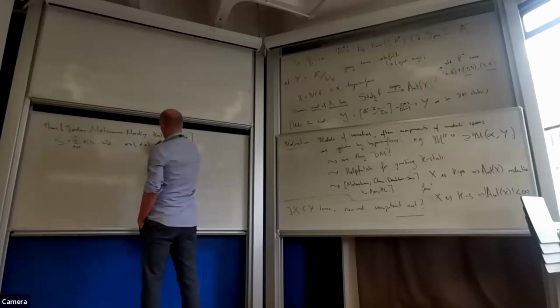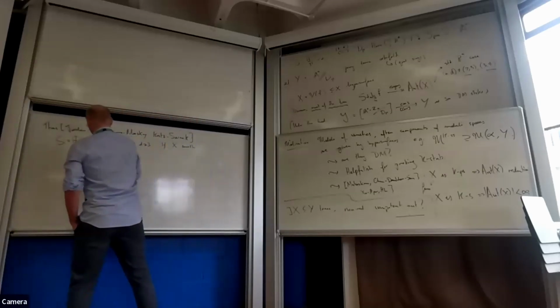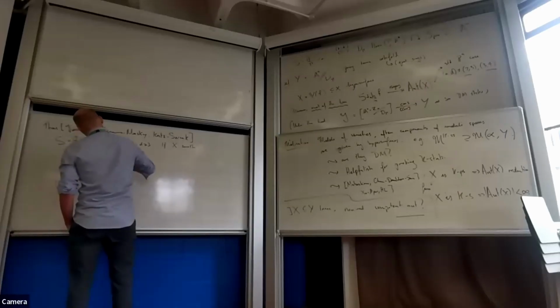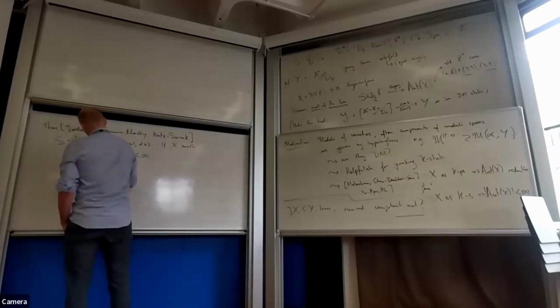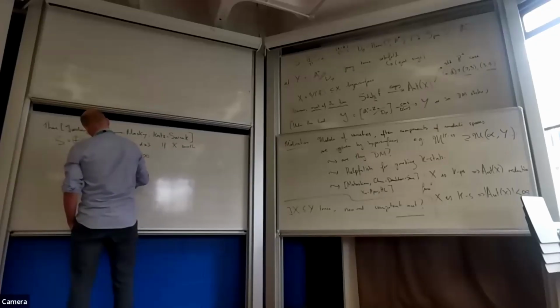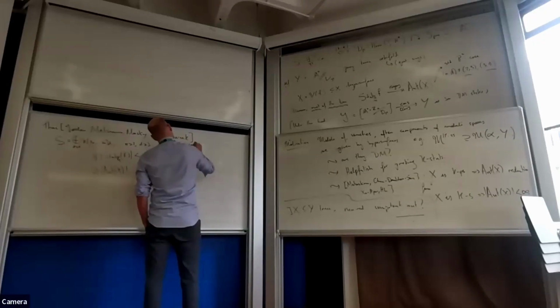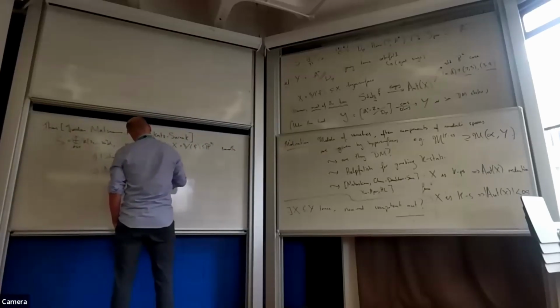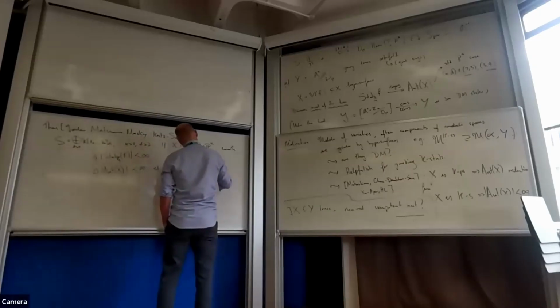Then if X is smooth, by the Jacobi criterion, as it defines a smooth variety, then the stabilizer, the automorphism group of X, is finite. And so we rule out cubic curves.